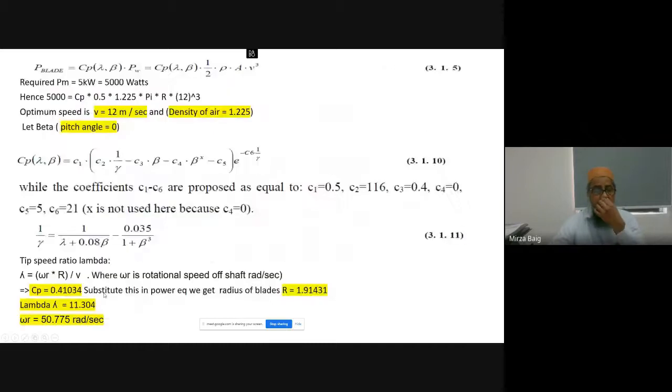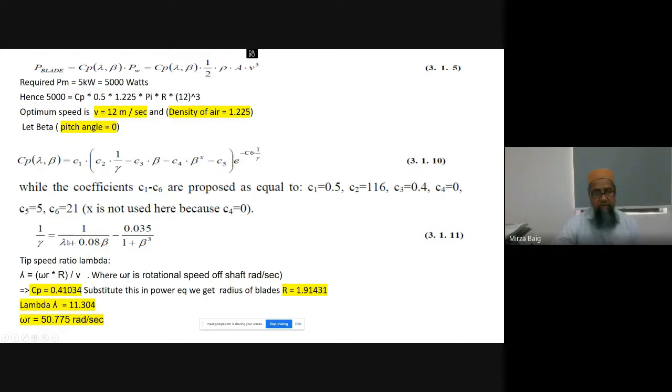So we can find Cp as 0.41034, and then we substitute that into this equation. We find our radius is 1.9141431 meters.